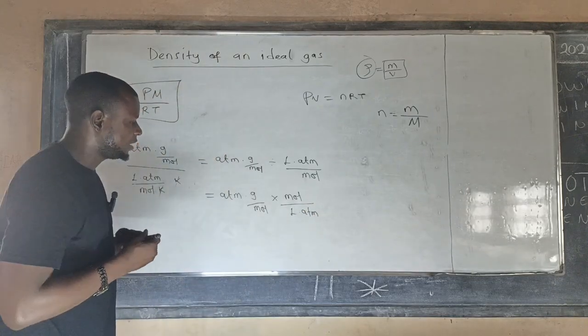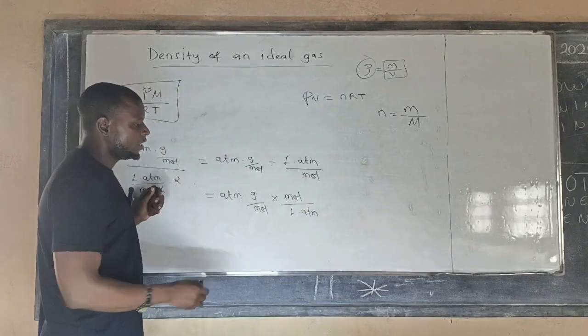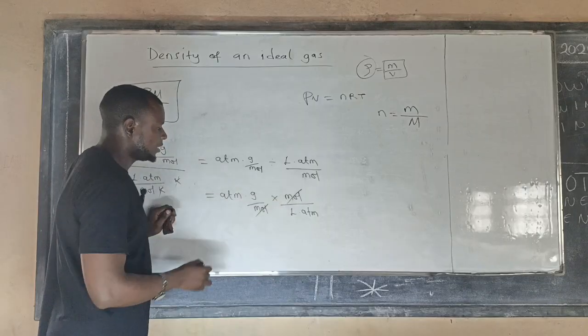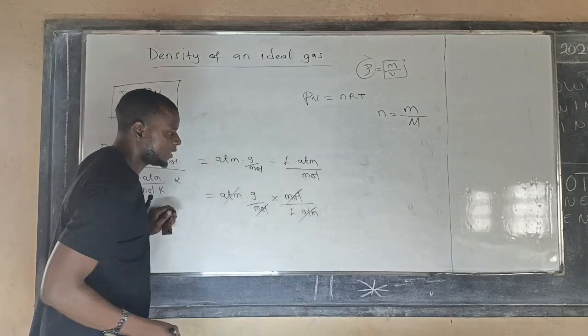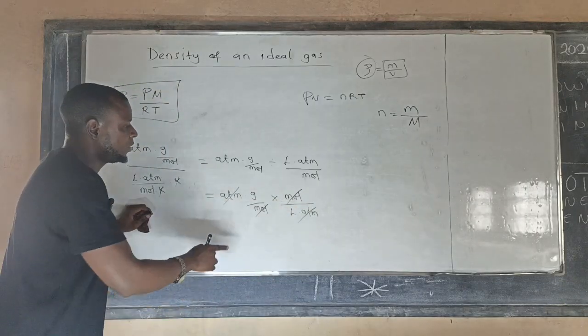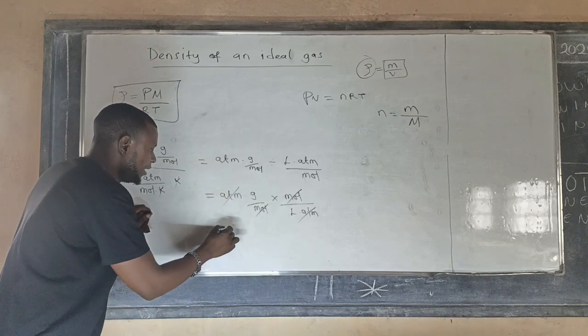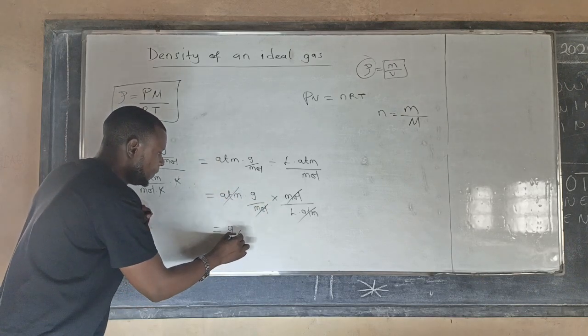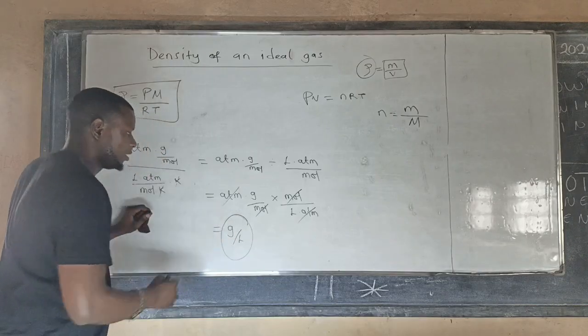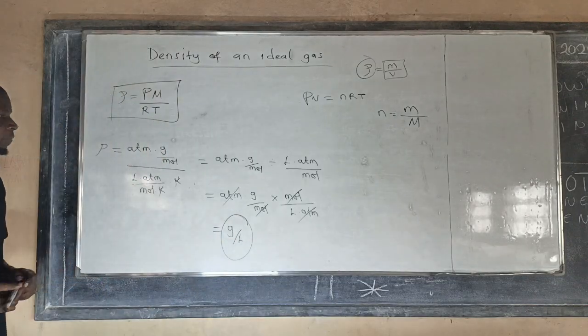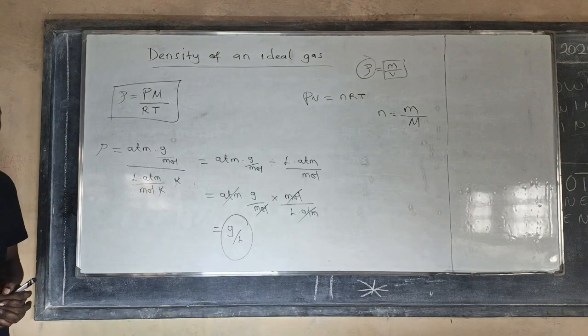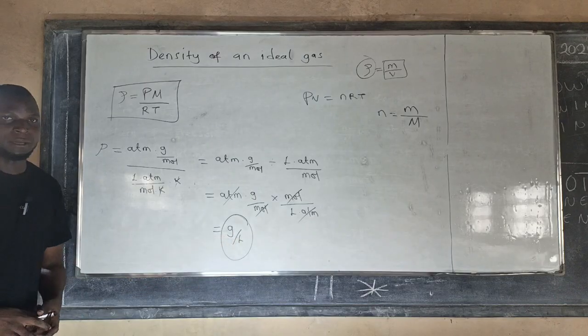When we reach this stage, our job is done. You see that moles and moles cancel, and atm and atm cancel. The units we remain with are grams per liter. So finally, the units for the density of an ideal gas are grams per liter.